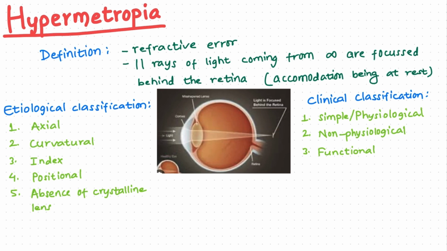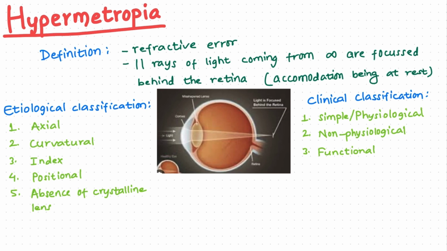Now talking about positional hypermetropia, it is about the position of the crystalline lens. When the lens is placed posteriorly, then in that condition also there is going to be hypermetropia.